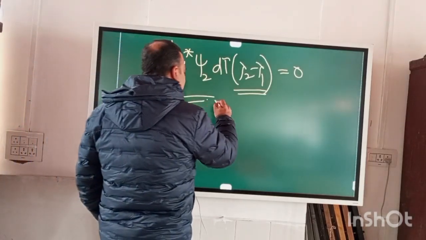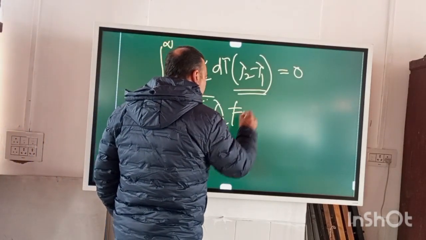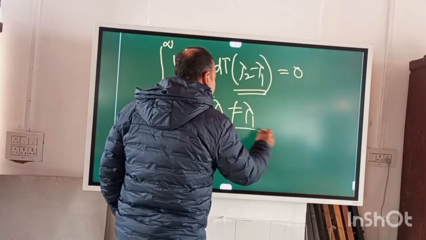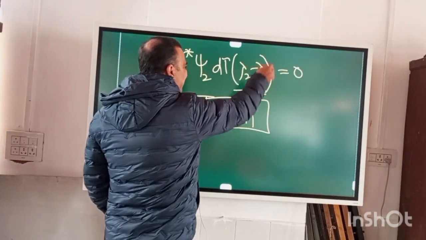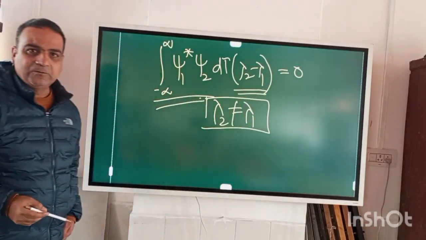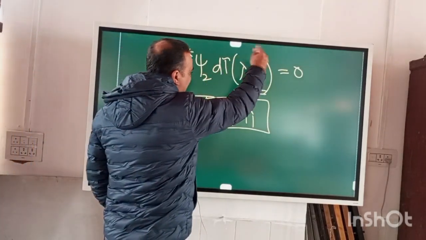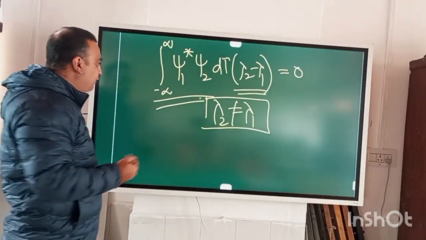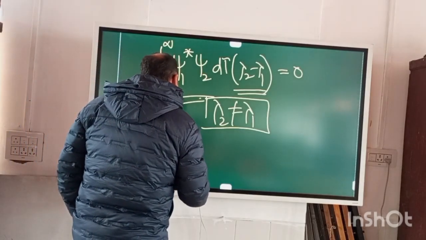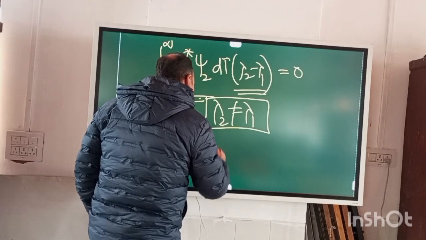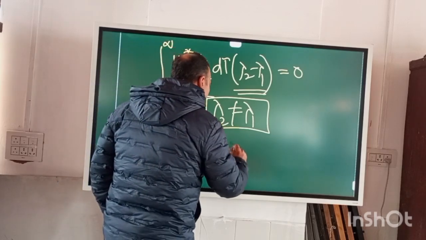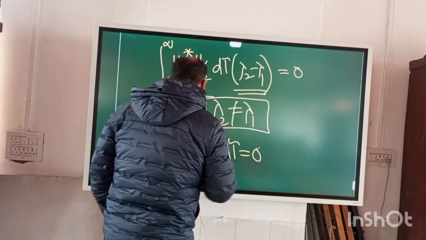Now, what we understand is that lambda 2 is not equal to lambda 1. So if lambda 2 is not equal to lambda 1, this bracketed term has a non-zero value. And if this bracketed value has a non-zero value, then we can automatically say that the integral from minus infinity to infinity of psi 1 star psi 2 d tau is equal to 0.